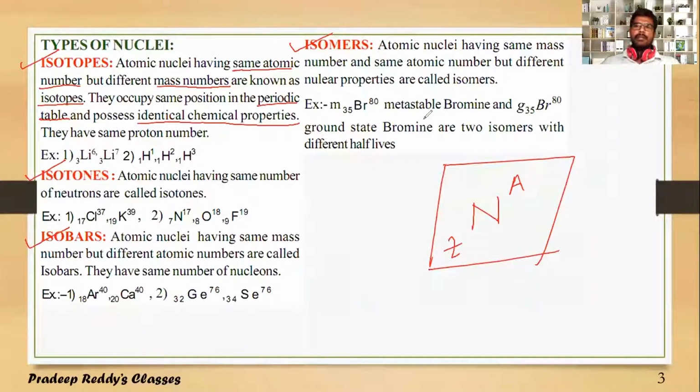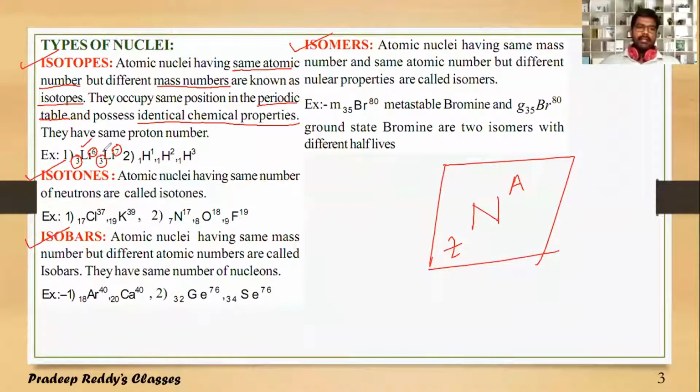They have the same chemical properties, only the number of nucleons is different for the same atomic nucleus. Say for example, you have lithium whose atomic number is 3 and mass number is 6. And there is another lithium whose atomic number is 3 but mass number is 7.